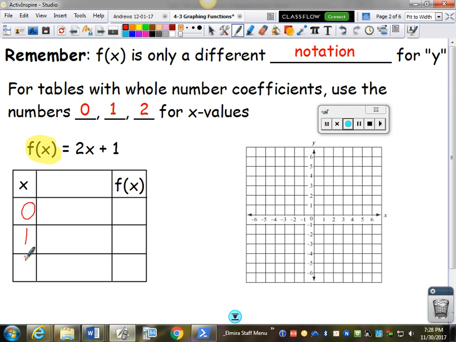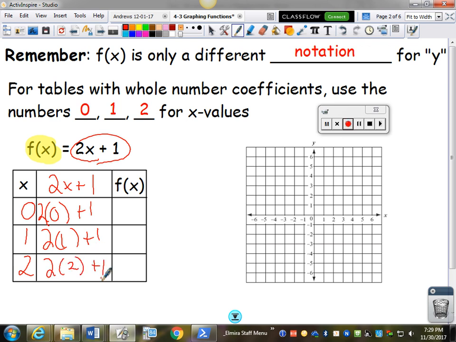So we're taking the 2x plus 1, putting it in the parenthesis in the top row of our table. 2 times 0 plus 1, 2 times 1 plus 1, and 2 times 2 plus 1. 2 times 1 is 2, plus 1 is 3, and 2 times 2 is 4, plus 1 is 5.